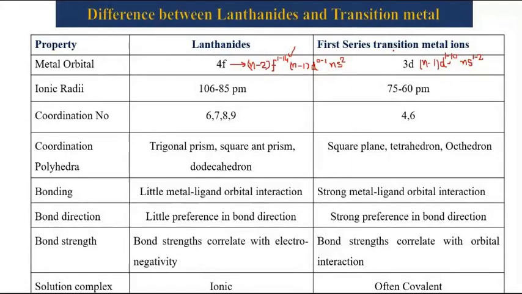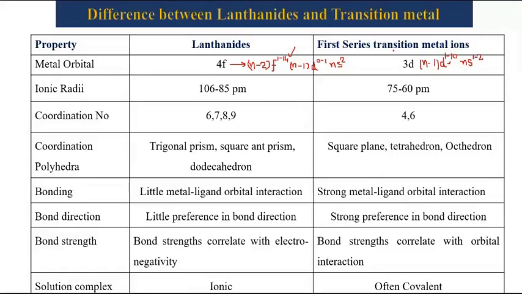Okay, coordination number. In case of transition metal, if you will remember, the favorable coordination numbers are 4 and 6. One corresponds to tetrahedral geometry and another corresponds to octahedral geometry. There are cases where coordination number 5 also exists, but here we are talking about the common or usual coordination number.